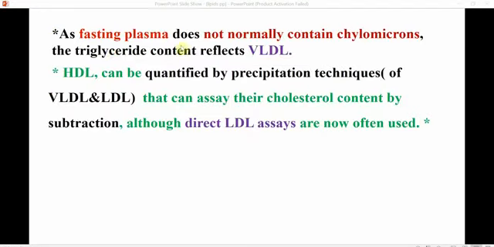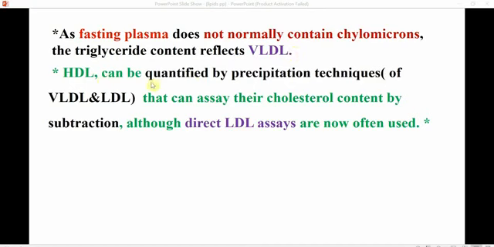Because fasting plasma does not normally contain chylomicrons, the triglyceride will mostly reflect the very low density lipoprotein particles, which represent the endogenous triglyceride.